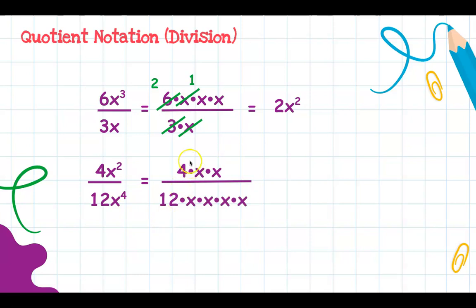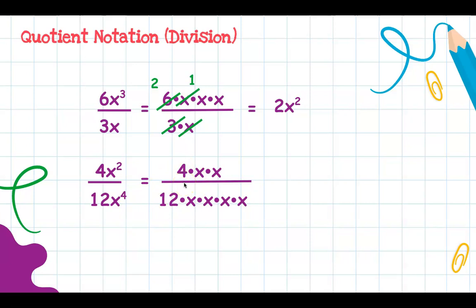Okay, so unlike the first example, if we divide the coefficients 4 divided by 12, we will not have a whole number. And in fact, when we divide it, it's going to be smaller or less than 1. So we actually have a fraction of 4 out of 12.